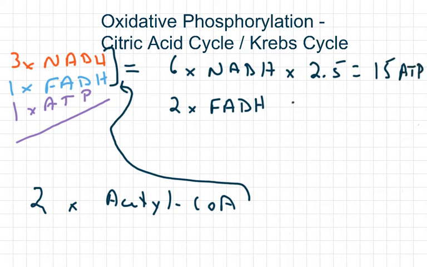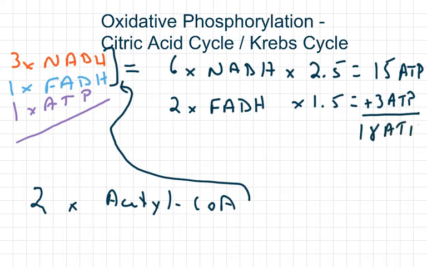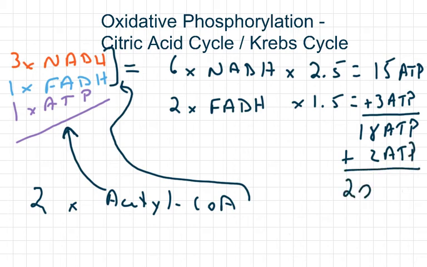Then if we multiply the FADH by our factor of 1.5, this will give us 3 ATP. If we sum these together, the electron carriers give us a total of 18 ATP produced through the Krebs cycle. Then if we add in the 2 ATP that are created by the 2 acetyl-CoA that go through the Krebs cycle, we get a total of 20 ATP created through the Krebs cycle.